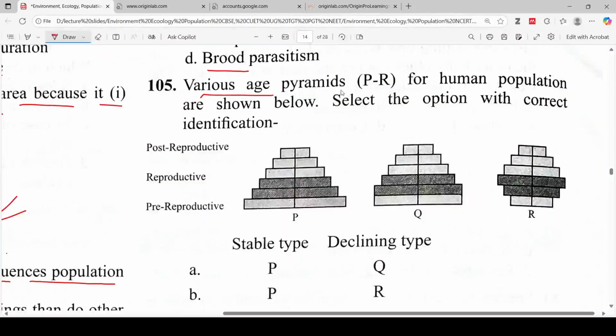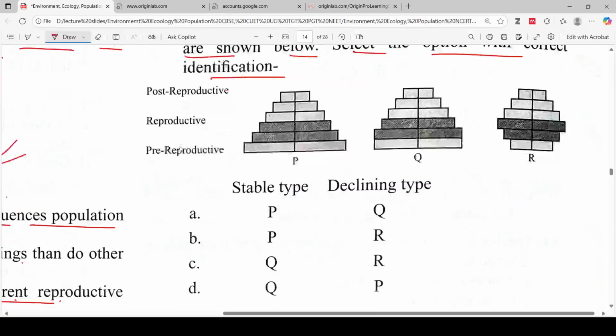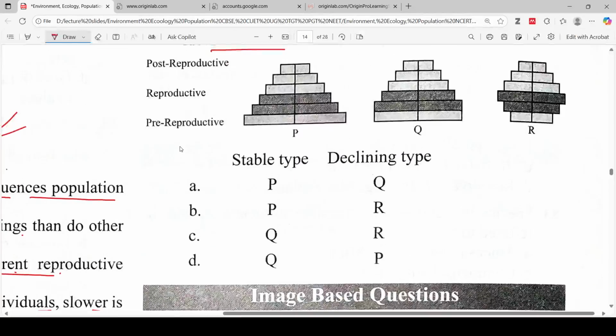Various age pyramids for human population are shown below. Select the option with correct identification. So 4 options are given. Stable type, decline type.